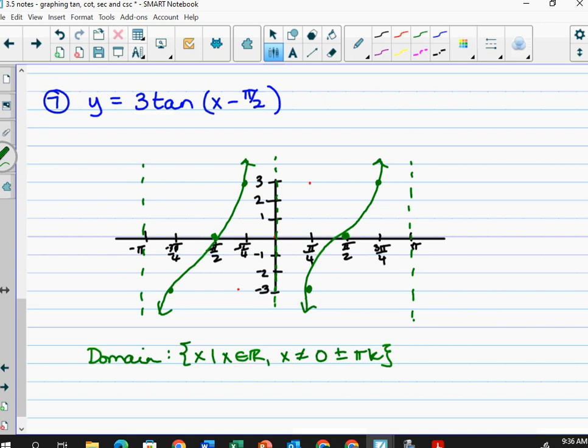Look once you're ready. Because I shifted by pi over 2 to the right, the asymptote moved. Remember, that's all going to shift with it.